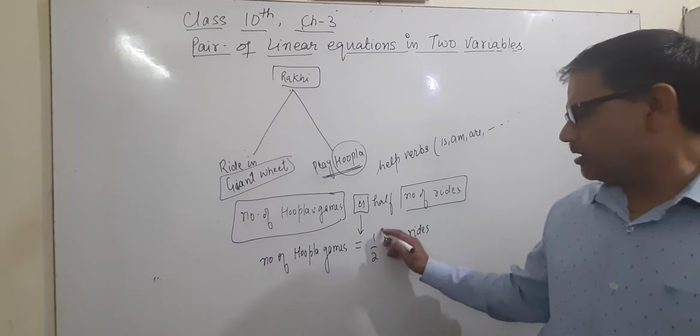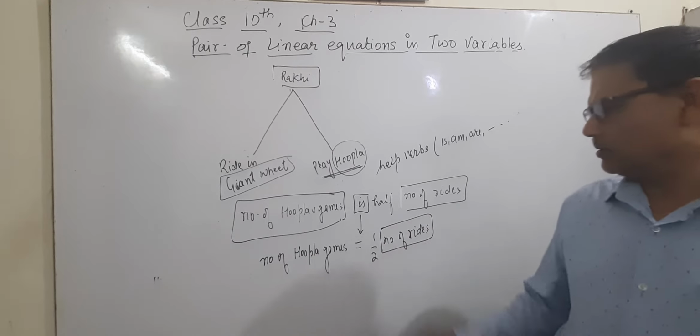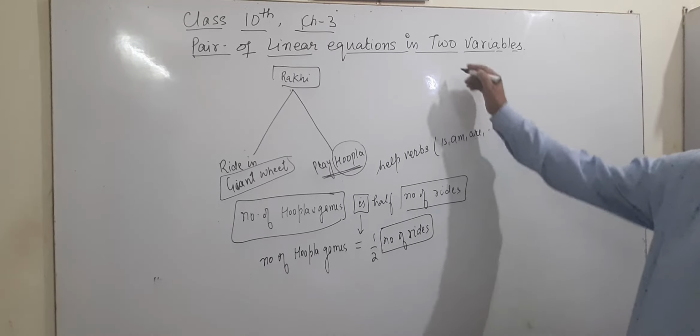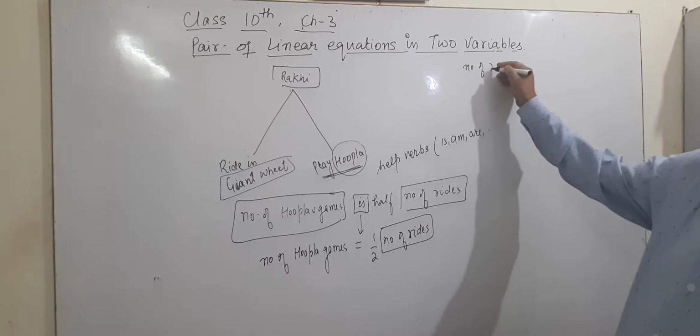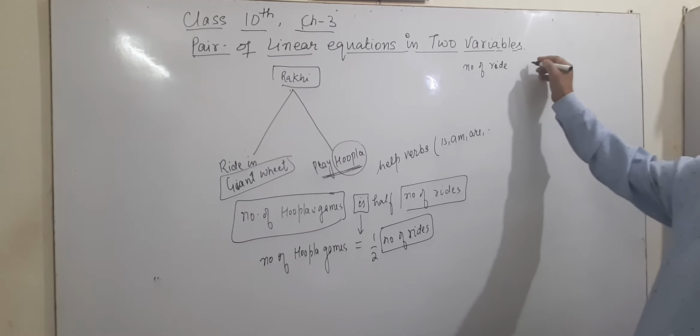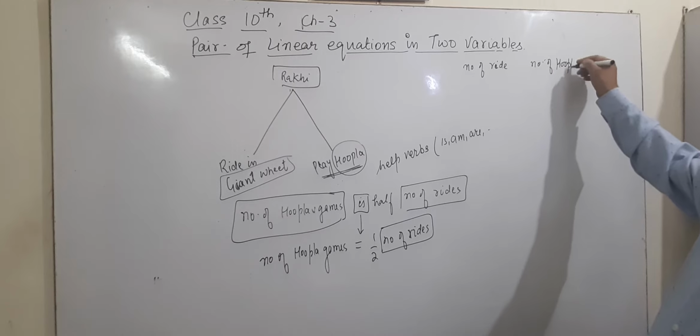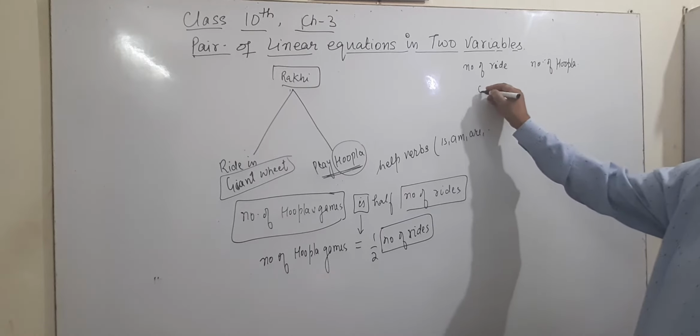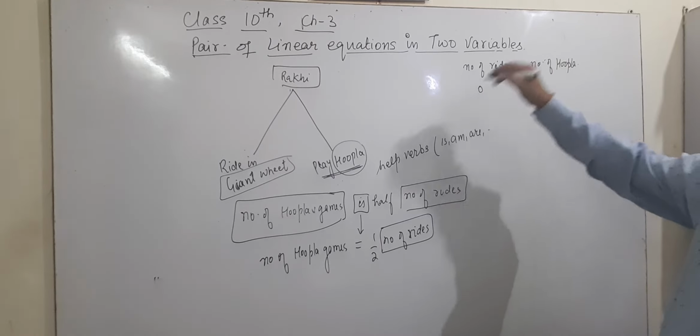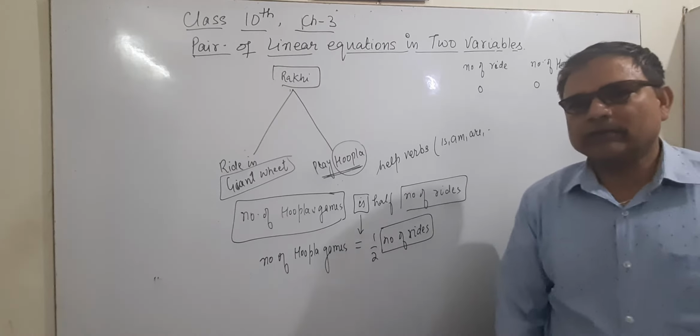If we think of the number of rides, we will make a table: number of rides and number of hoopla games. If the number of rides is 0, the number of hoopla games will be 0. Why?